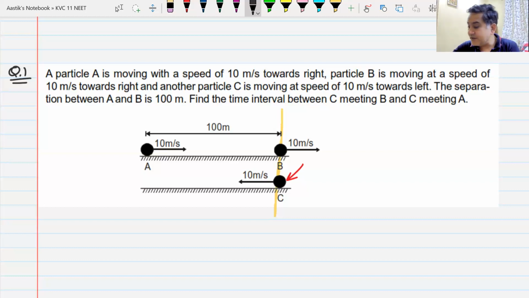I'm asking between A and C. Between A and C, is it velocity of separation or velocity of approach? It is velocity of approach. I hope you understand this.